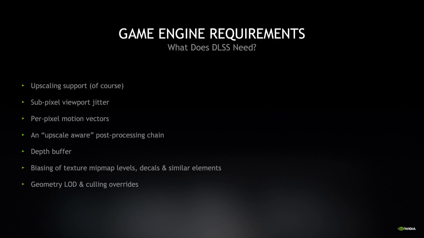You need per pixel motion vectors. We'll talk about both those things in just a moment. The post-processing chain should also be upscale aware. We need the depth information most 3D engines have nowadays. And we also need to be able to bias things like the texture, mipmap selection, LODs, and even things like decals. And we'll talk about that a bit later on.